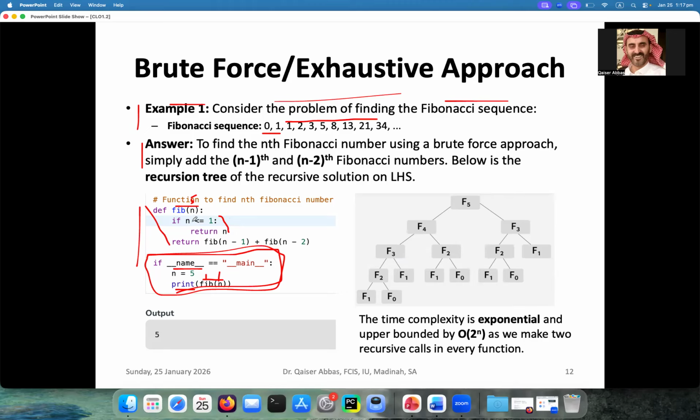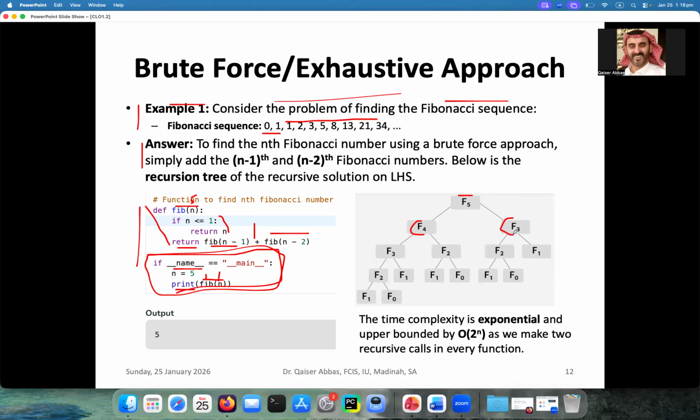If this condition is false, for example n is 5, then 5 less than or equal to 1 is false, and you come here. Then you are calling fib of 5 minus 1, which is 4, plus fib of 5 minus 2, which is 3. For fib 5, we have a call f4 and f3. Understood?